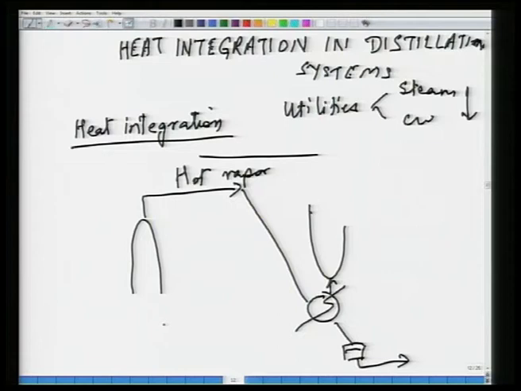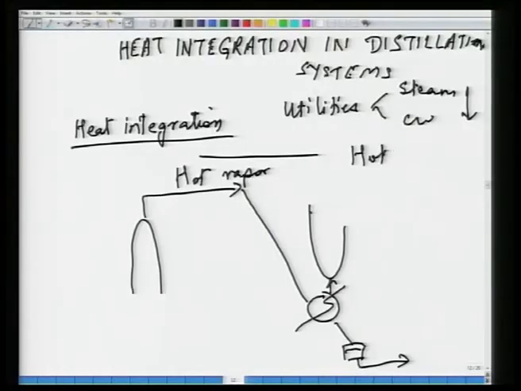So, basically the hot vapor is condensed and is used to provide reboil.